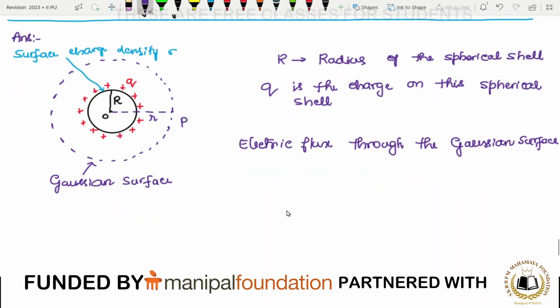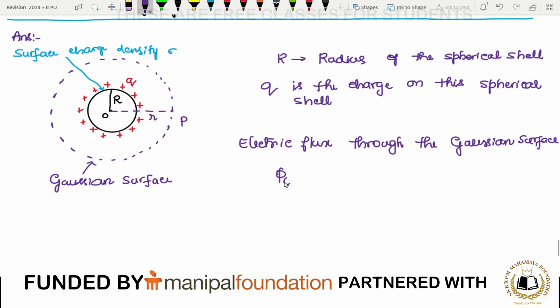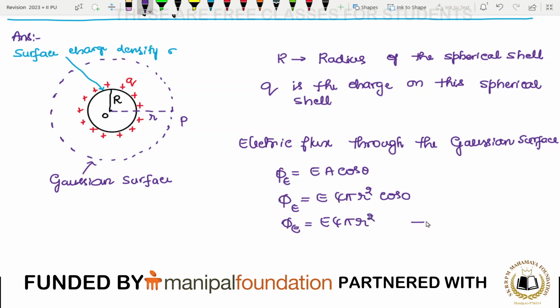What is the formula? Flux formula is phi E equal to EA cos theta. So phi E equal to E as it is. What is the area here? 4 pi r squared, the Gaussian surface radius is small letter r. Theta how much? 0. Electric field and area vector both are in the same direction. So E into 4 pi r square. Equation number 1.